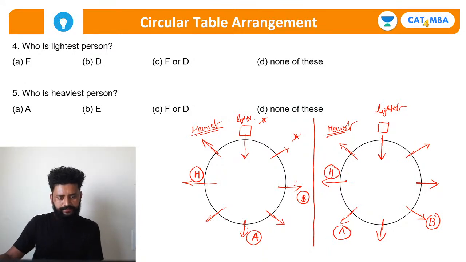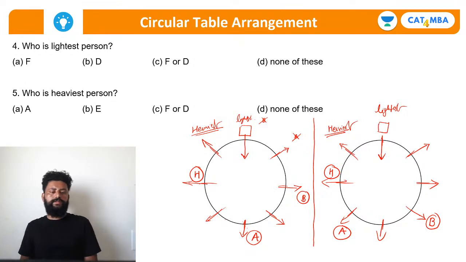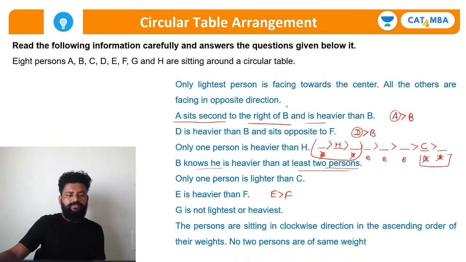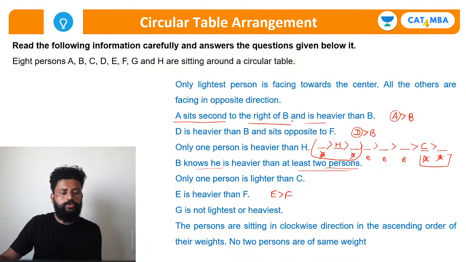Definitely one of these has to be correct. Let's quickly start. Now we have sufficient clues connected, and we just need a couple more clues, and you'll be through this puzzle.